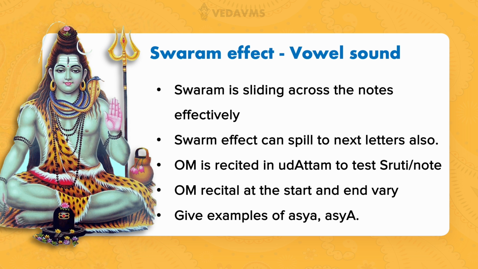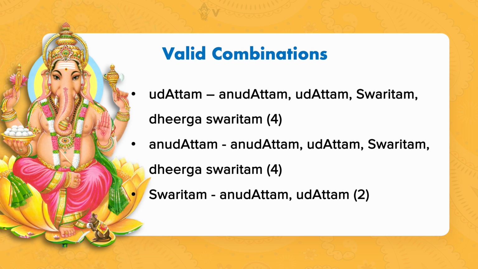The next letter can be an Anudatam, Udatam, Swaritam or Dheergha Swaritam. But when it's a Swaritam, it can be followed by either an Anudatam or an Udatam only. There are special cases in which two Swaritam get formed together and it is called a Kampa Swara, which we will see later after understanding more concepts. Similarly, when you have a Dheergha Swarita, the following letter can be an Anudatam or an Udatam.